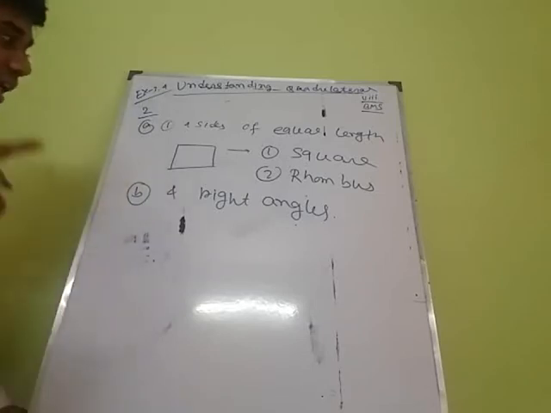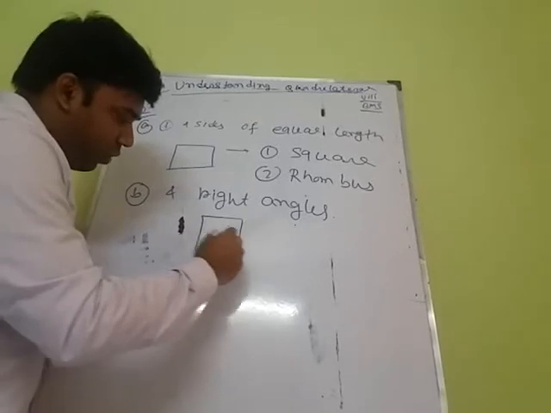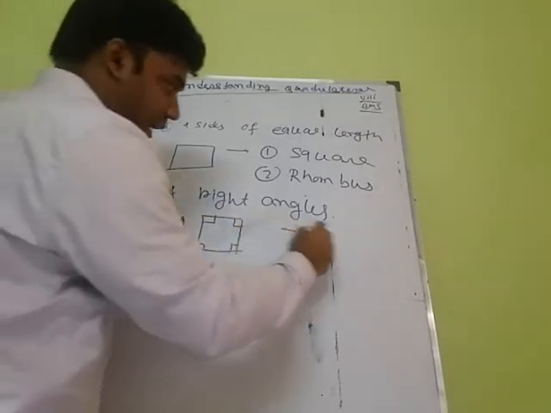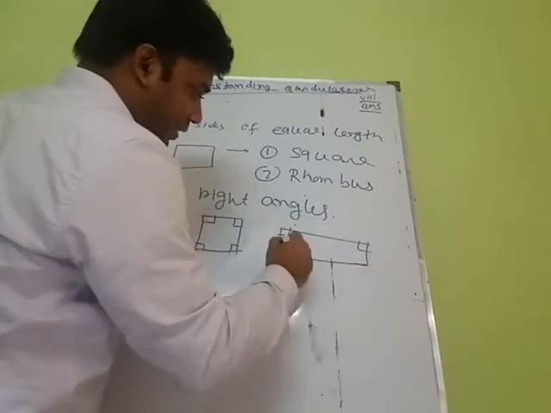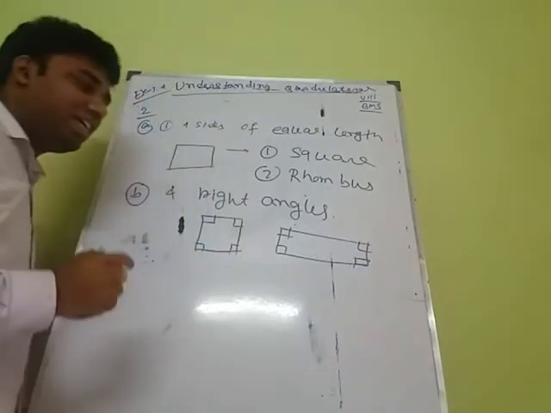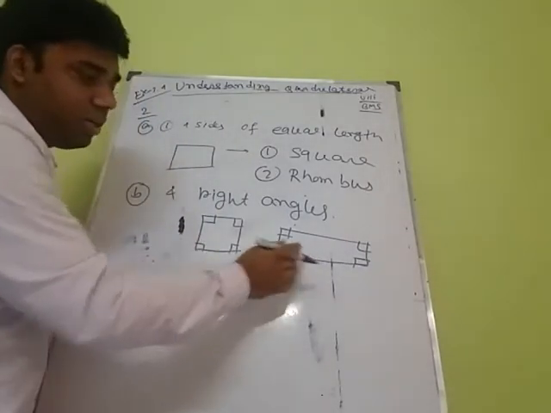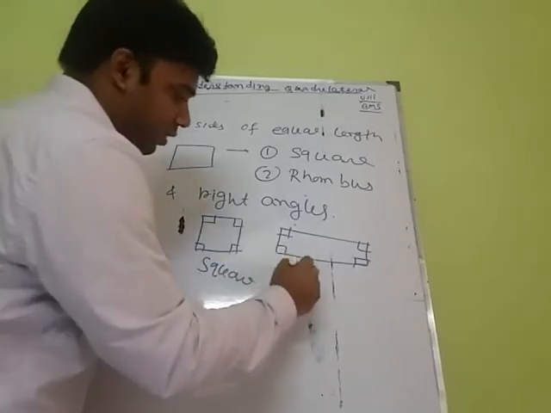Among them, only a square has each angle 90 degrees, and a rectangle has each angle 90 degrees. So that quadrilateral may be either a square or a rectangle.